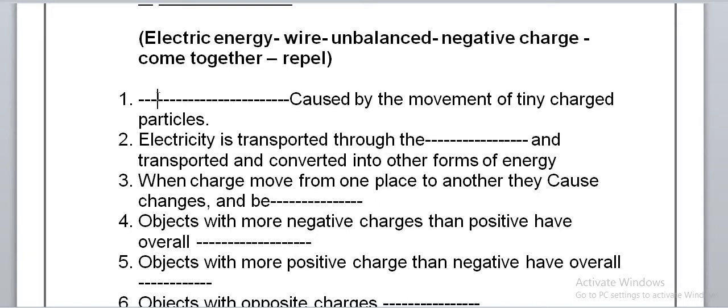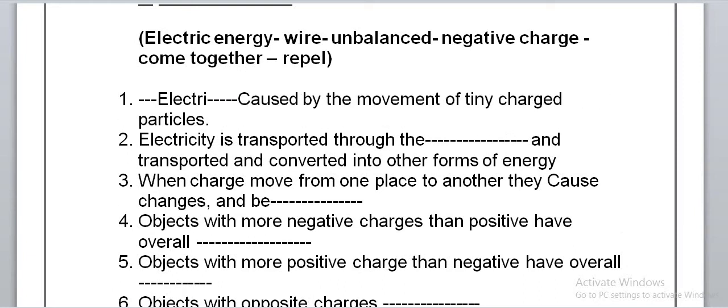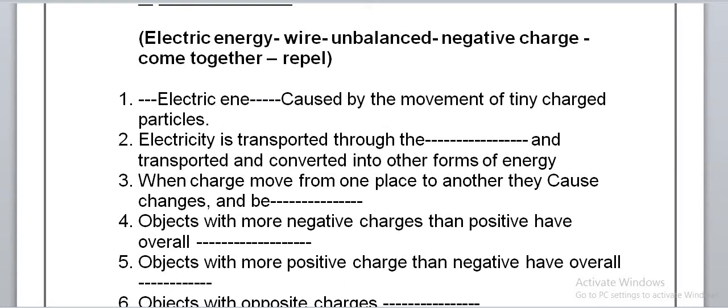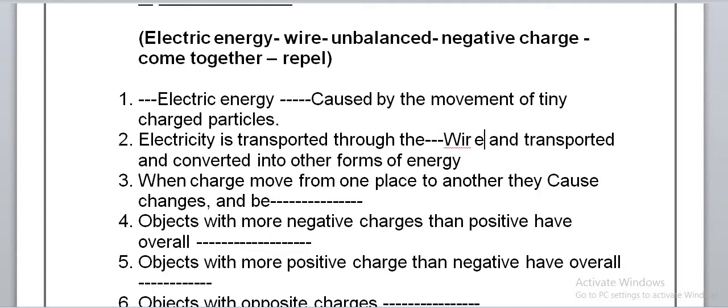What is caused by the movement of tiny small particles? Of course, electric energy. We said before that electric energy needs the movement of tiny charged particles. Electricity is transported through what? Through the wire, right? When a charge moves from one place to another, they cause a change and become what? They become unbalanced.